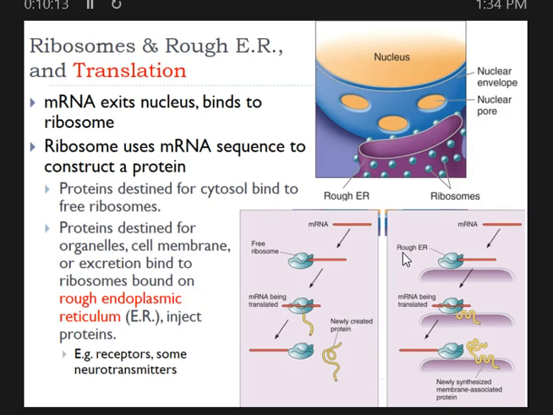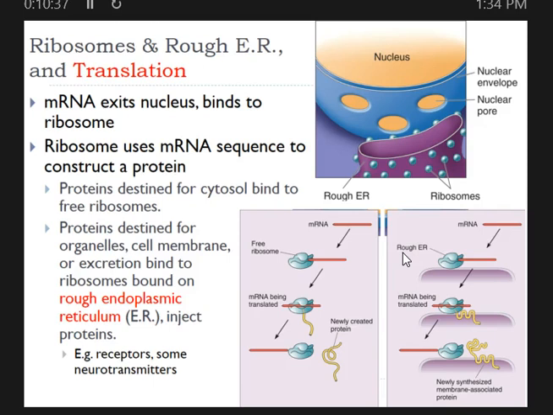In all those cases, the ribosome will dock with the endoplasmic reticulum, as we're seeing here. As the ribosome reads down the messenger RNA molecule, it produces this protein, but injects the protein either directly into the lumen of the endoplasmic reticulum, or it will embed it in the membrane if it's going to be a membrane-bound protein that'll go on the cell surface.